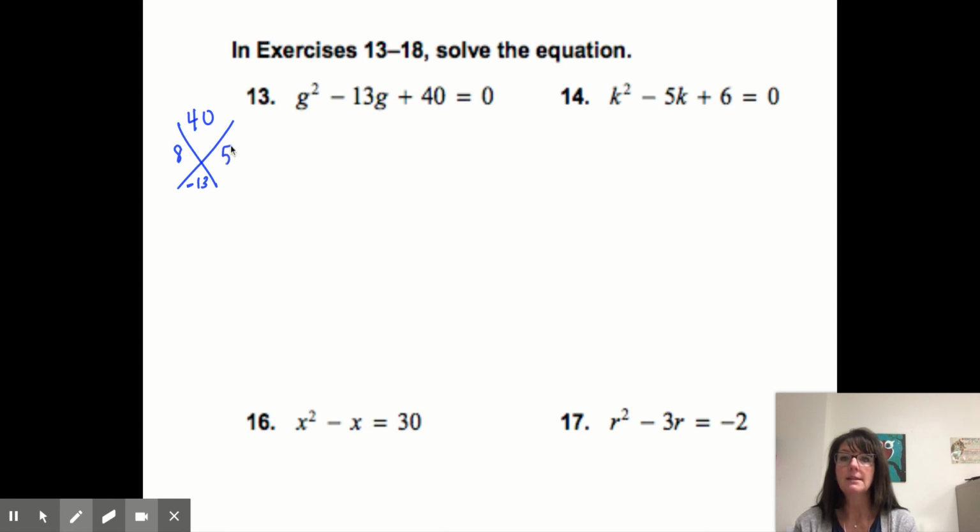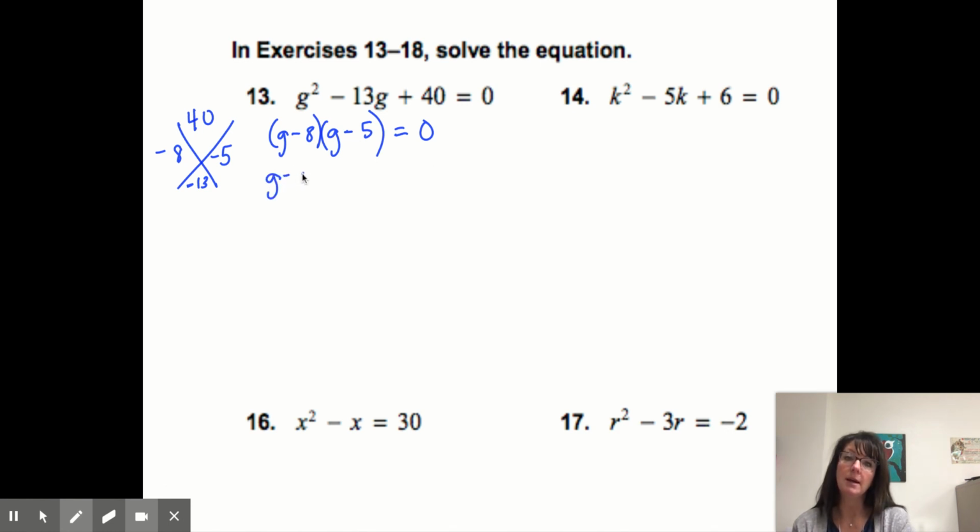And in this case, because it's a positive 40 and this is negative, they're both negative. So we would get g minus 8 and g minus 5, and that's equal to 0. So all we've done essentially is factor the trinomial into two binomial factors. Now, if you remember the zero product property, one of these factors has to be equal to 0.